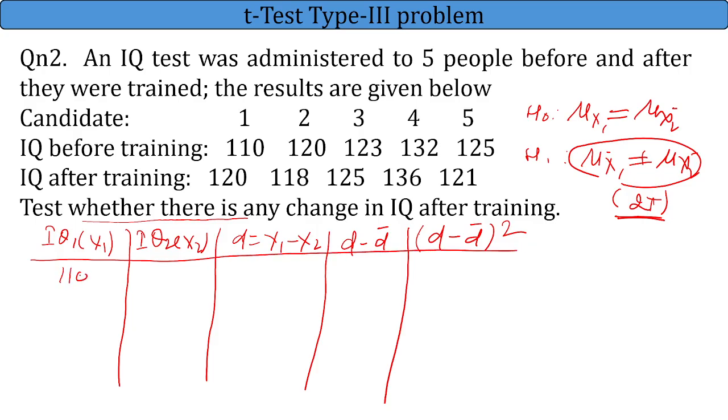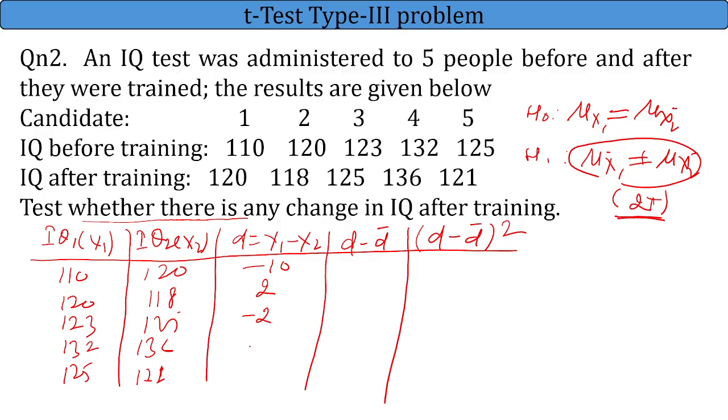The first values are 110, 120, 123, 132, 125. Some got increased, some decreased, again increased, again decreased. So by looking at it, we can't comment. So we are going to calculate the differences: minus 2, 2, minus 2, minus 4, 4.